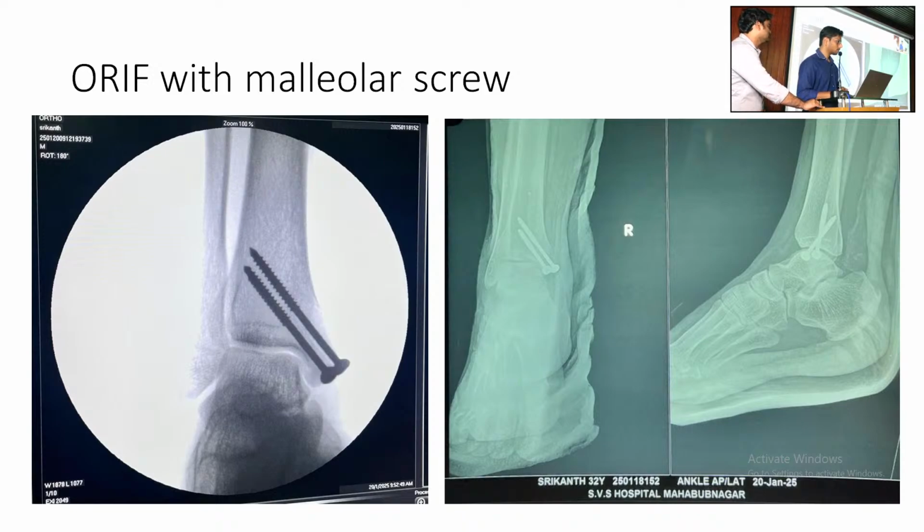You overdrill the near fragment, so that the threaded portion will be lying loose in the near fragment, and the far fragment will have a good grip with the threaded portion of the screw. The near fragment should be over-drilled, so that the threaded portion in the near fragment doesn't have hold. So if you want to make use of a fully threaded screw, overdrill to achieve the lag effect. That is the principle.